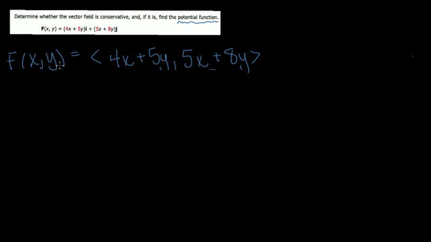The first step here is this was our original P. This is saying that this x term right here, if we take the integral of that, we will have at least one part of the potential function. Because if we have the potential function and we take the derivative, we will get the vector field.